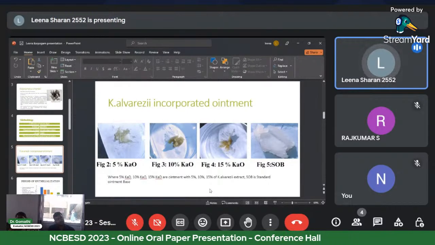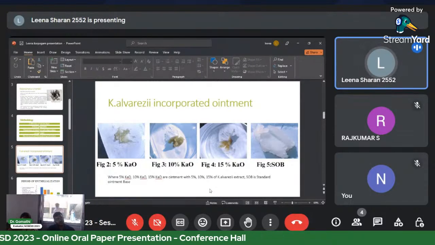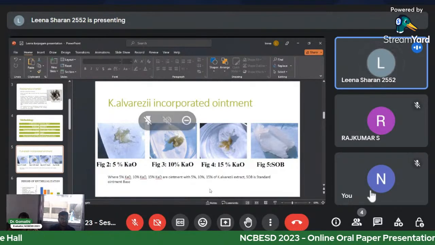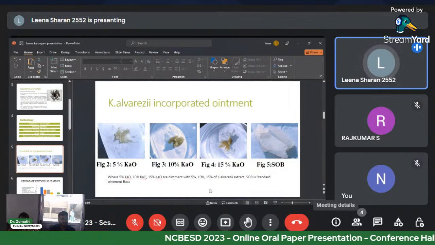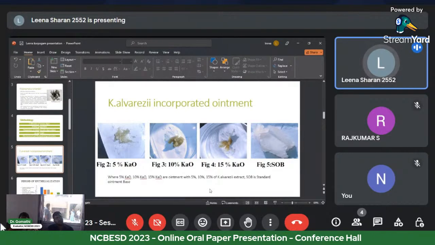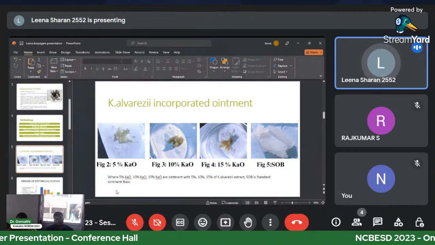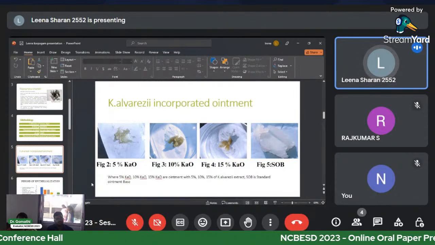To another group we added 10% of extract, and to another 15% of Kappaphycus alvarezii extract. The extract was prepared by aqueous methanol preparation: 95% methanol and 5% distilled water were used for the extraction process. Cold extraction was used.